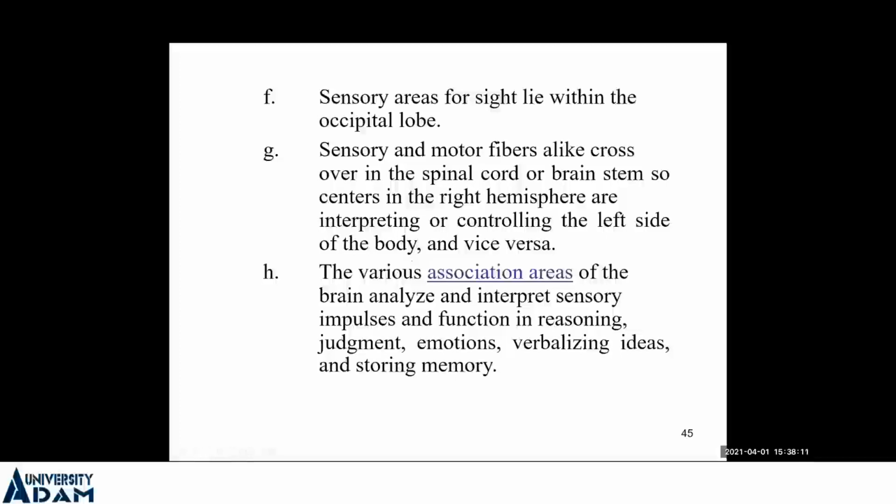Sensory areas for sight lie within the occipital lobe. Sensory and motor fibers alike cross over in the spinal cord or brain stem. So centers in the right hemisphere interpret or control the left side of the body and vice versa.